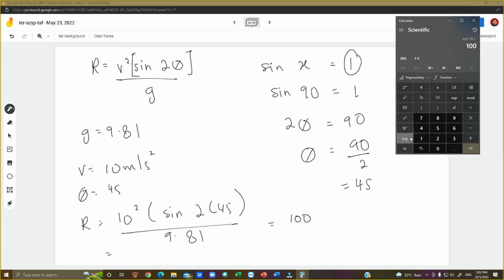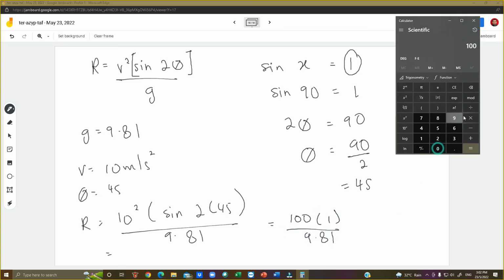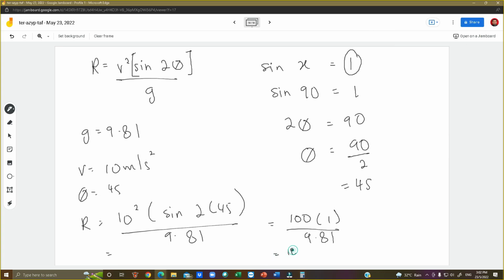Sin 2 kali 45. 2 kali 45 sama dengan 90. We go to sin, kita dapat 1. Bahagi dengan 9.81. Okay, 100 bahagi 9.81, 10.19 meter.